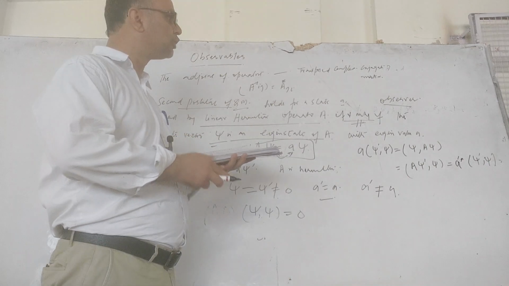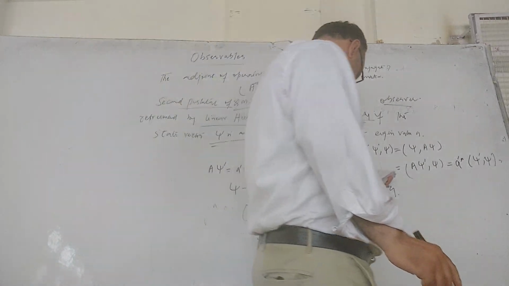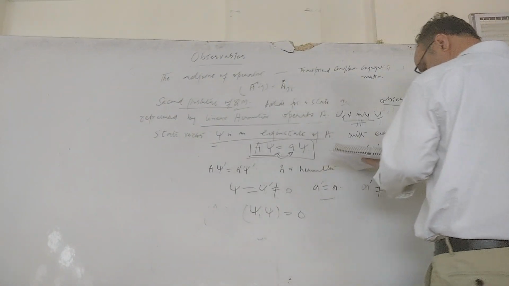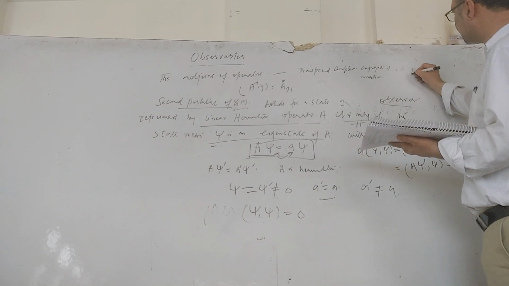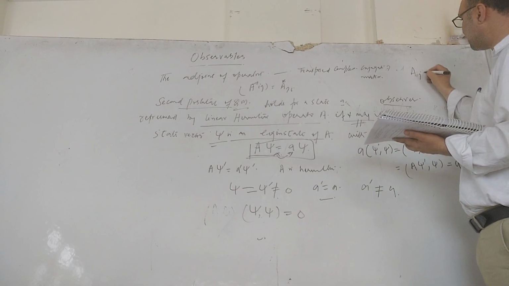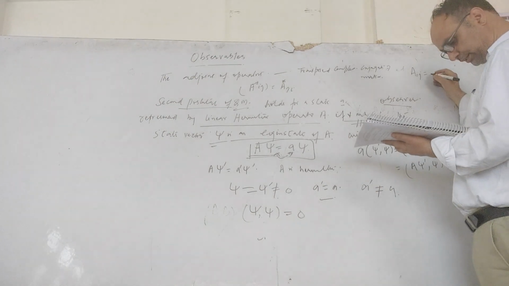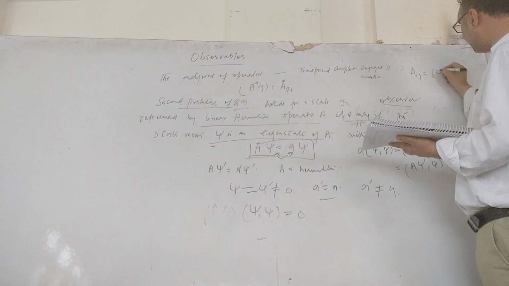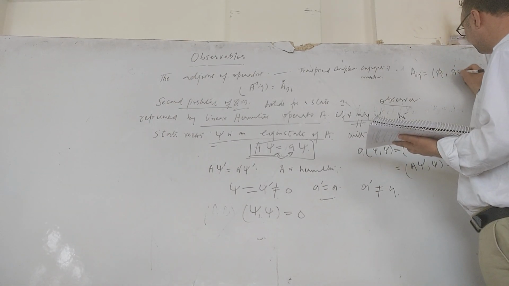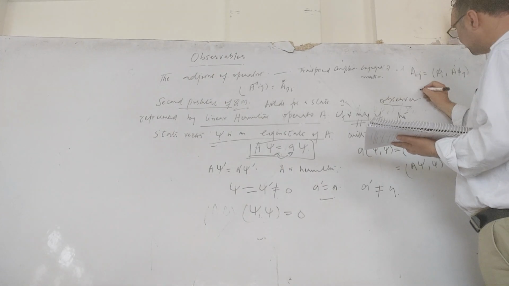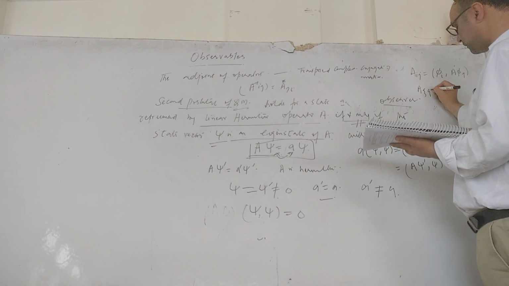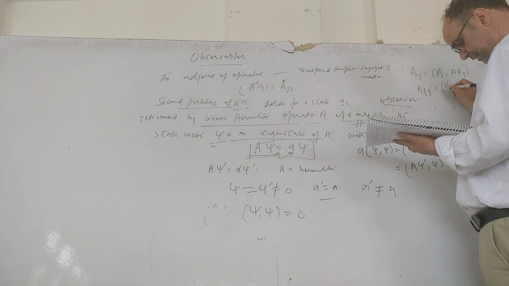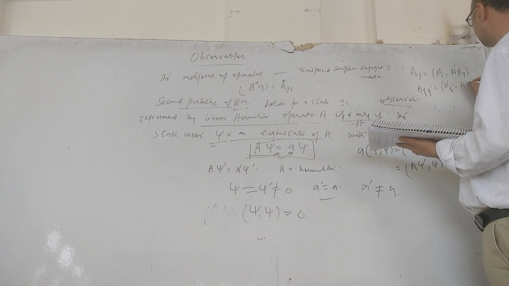If you want to write it in terms of matrices, as a mnemonic, you write a_ij as phi_i A phi_j.